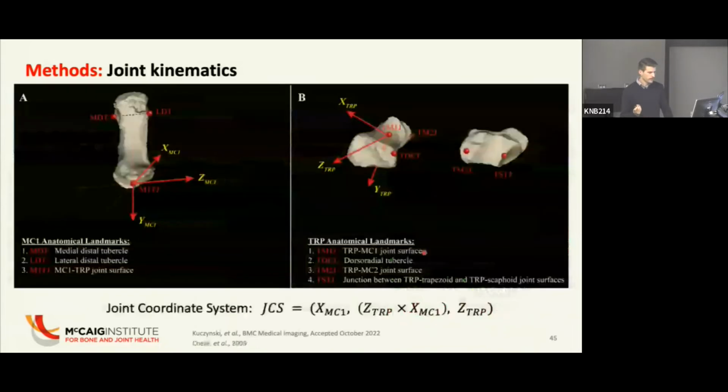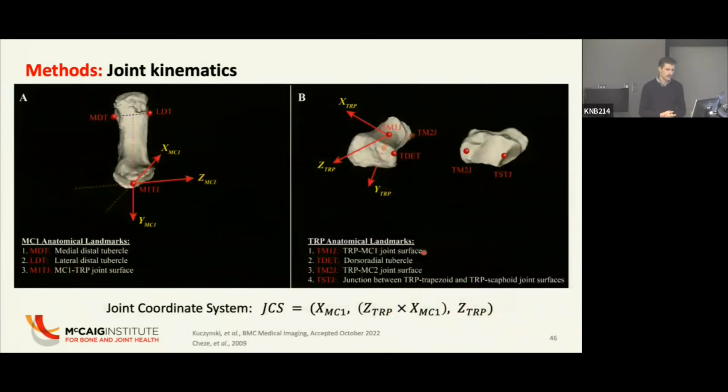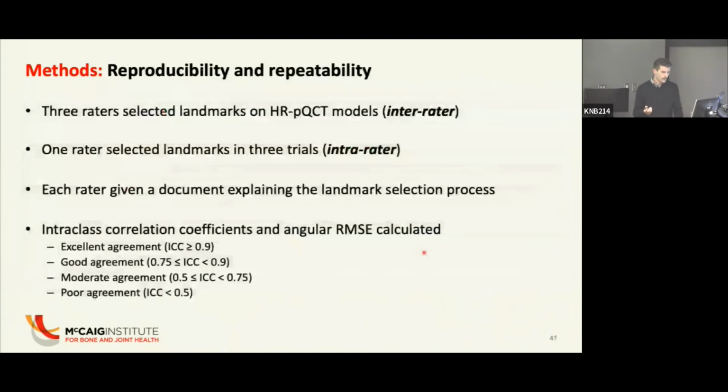And then from there, on each dynamic CT frame, we have the setup of the segment coordinate system for each bone, and then a joint coordinate system was used to represent joint motion, again using a previously described method from 2009.